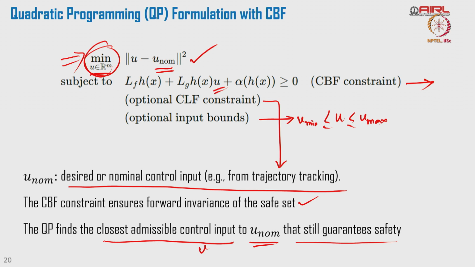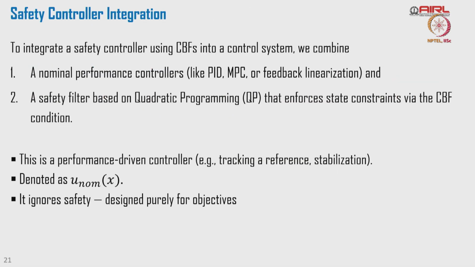Okay. So, if we solve this particular quadratic programming problem, then we will get the output as a control input U star. Okay, U star, which is the control input to be applied on the drone when it is on the verge of going inside an unsafe set. Okay. So, for this U nominal part, we can have a different level of control.